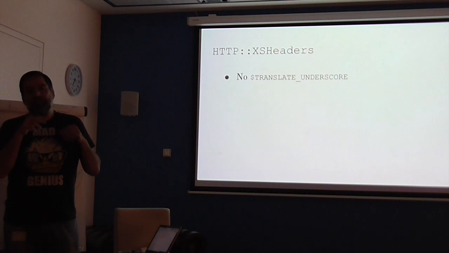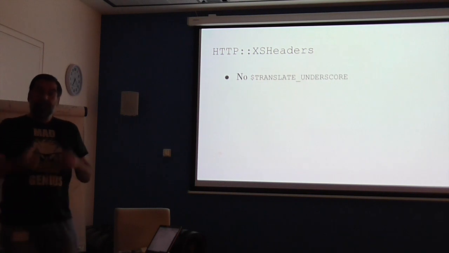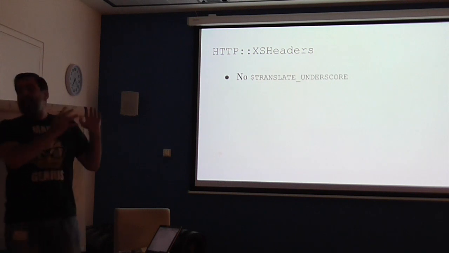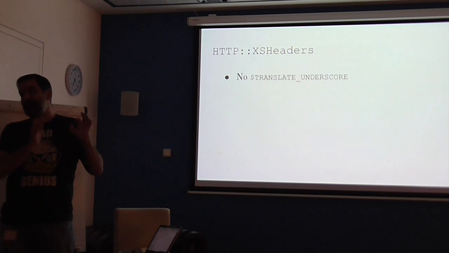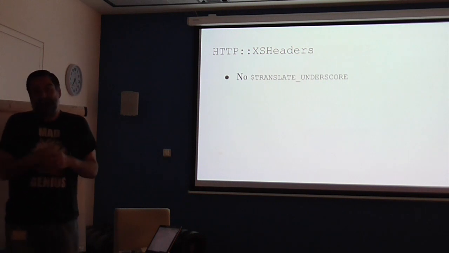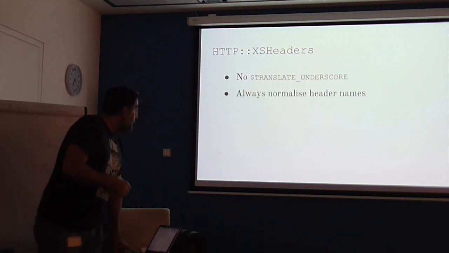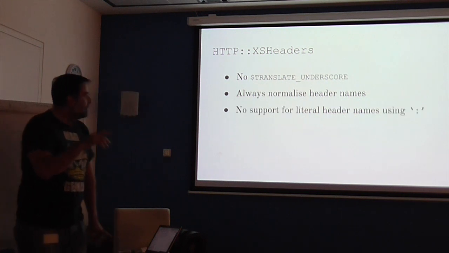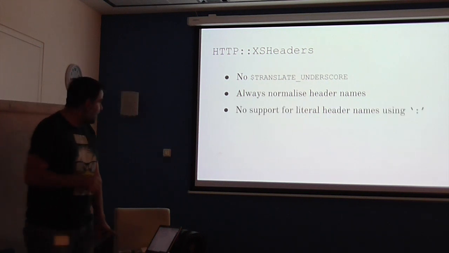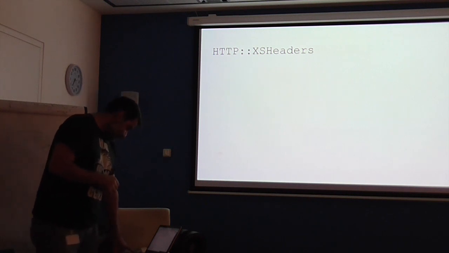So in order to be able to use underscore and not use quotes, we translate underscore to dashes in C. But the original library had a way to say, I don't want to translate, I want to use underscores and keep them as underscores. And that's totally useless because it's not used anywhere. So we got rid of that. We always normalize the header names, and we don't have the colon thing to use literal header names.